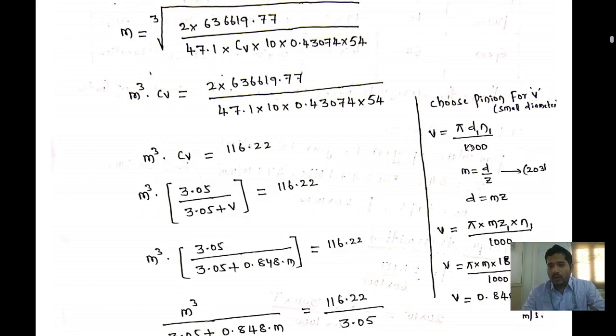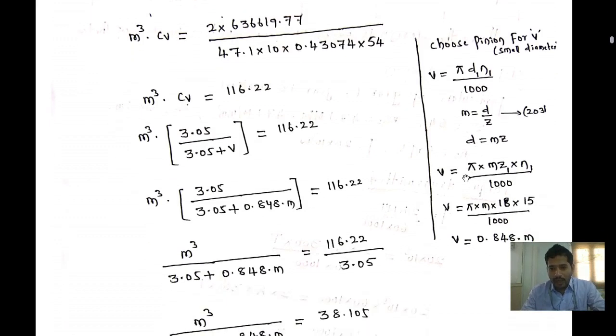So here pi as it is, module as it is, the number of teeth of the pinion 18, into the speed of the pinion in RPS, 15, by 1000. If you are not using RPS, then you have to multiply by 60 over here. If you divide the whole value, then you will get the velocity value as 0.848 meter per second, clear.